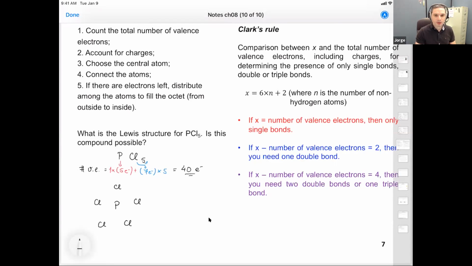Okay, we have to have at least one single bond. So let's represent here a single bond between phosphorus and chlorine. To show that the electrons are being shared, we are going to put a circle around the pair of electrons.